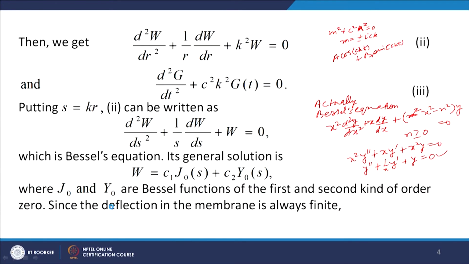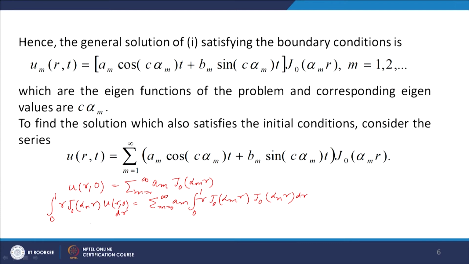So let us put its value there, and we will get integral 0 to 1 of r f(r) J0(alpha n r) dr equal to summation m equal to 1 to infinity. Now am, here we have integral 0 to 1 r J0(alpha m r) J0(alpha n r).